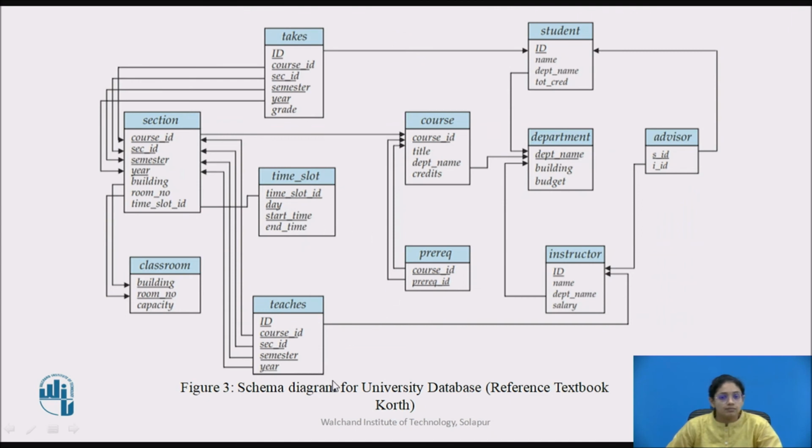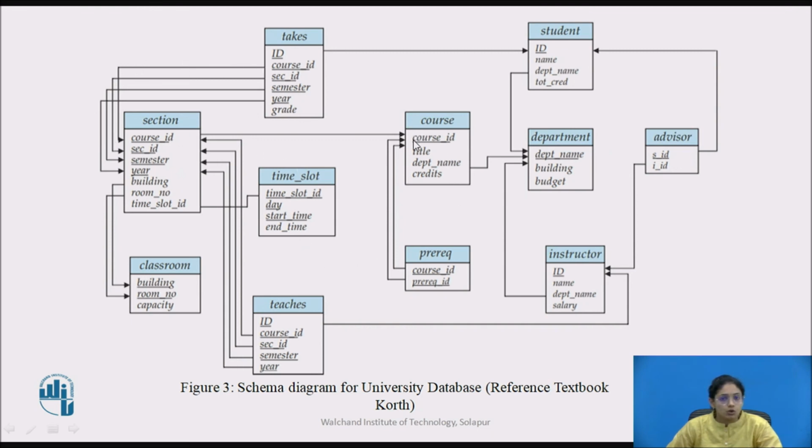This is a schema diagram for a university database. You have different tables like section, classroom, teachers, time slot, takes, course, prerequisite, instructor, department, student, and advisor. The attributes that are underlined are referred to as primary keys, and the foreign keys are given by the arrows.